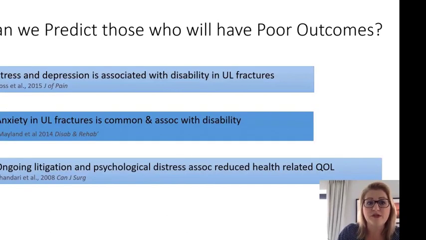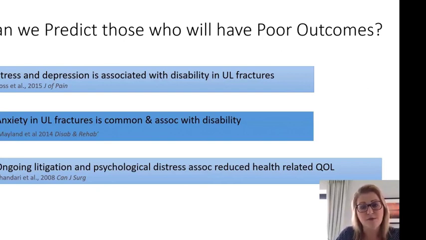Well, we know that stress and depression is associated with ongoing disability, and anxiety in upper limb fractures is common, also associated with disability, along with ongoing litigation and psychological distress.